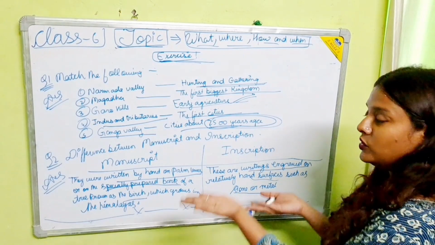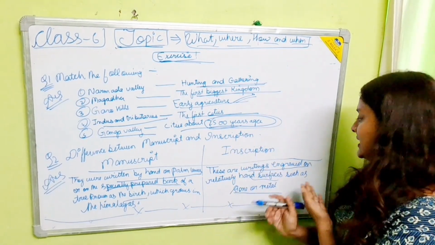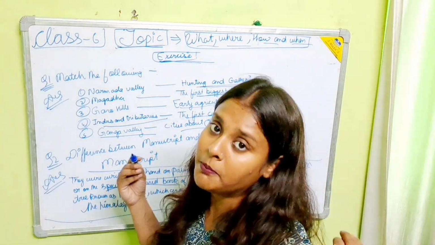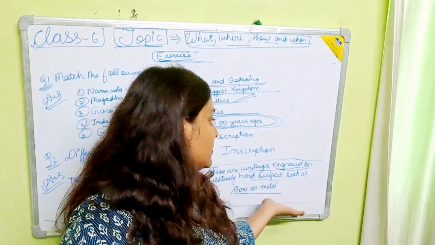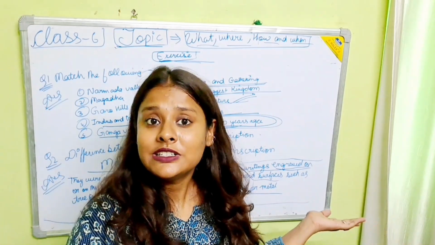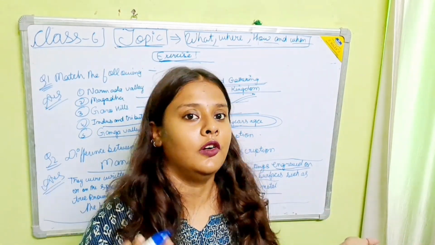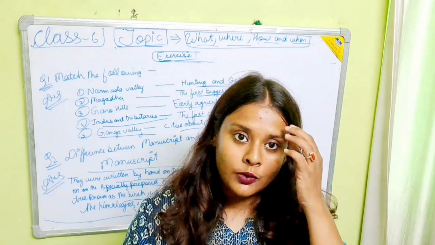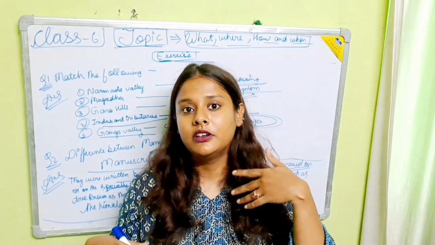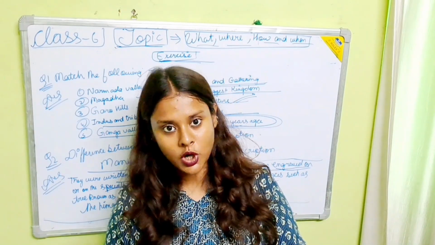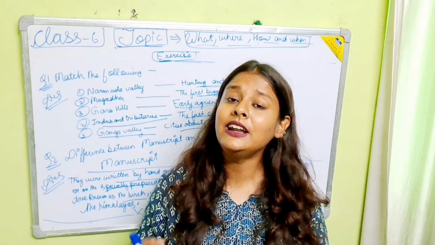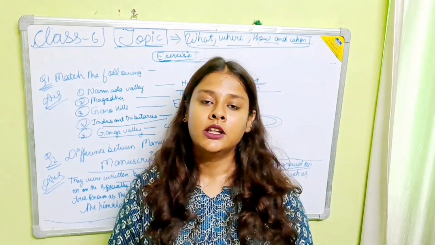And when we talk about inscriptions, they are the writings engraved on a relatively hard surface such as stone or metal. In this, we have studied about the Kandahar inscription, which was inscribed on the order of King Ashoka, which was written in two languages and scripts, that is Greek on the top and Aramaic at the bottom, which was the local language of that period.